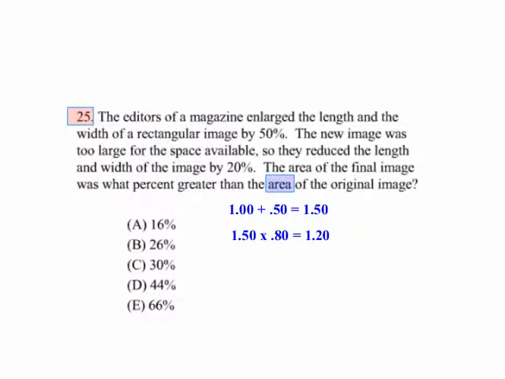So we want the area, we've got to multiply 120% of the width by 120% of the length, which gives us 144% of what that original area would have been. 1.44 minus 1.00, we've got a 44% increase.